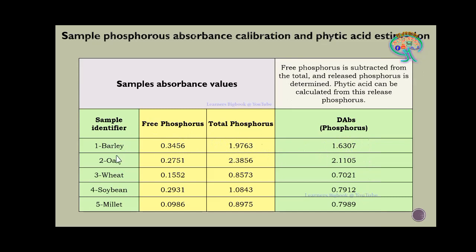Whatever absorbance value is present here for barley, oat, wheat, soybean and millet is the exact amount of the phosphorus which got separated from the phytic acid within these samples of 1 gram each. So that is the phosphorus absorbance here, and this will be used further in the calculation.